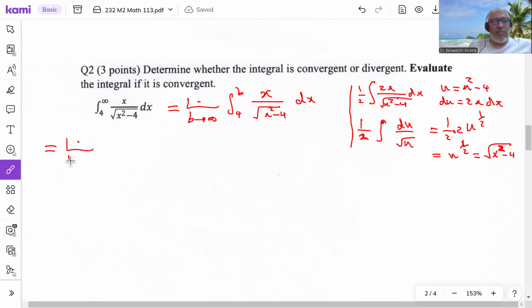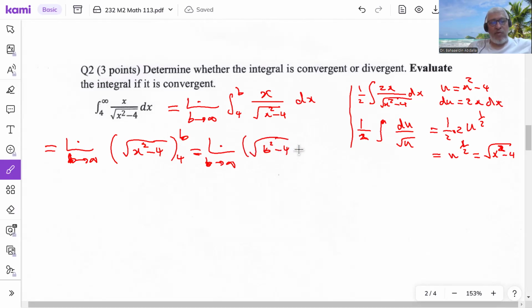So I have limit b goes to infinity, and the integral of this is square root of x squared minus 4 from 4 to b. And this would be the limit when b goes to infinity of, if I replace x by b, I'll have square root of b squared minus 4, and then minus replacing x by 4, 16 minus 4 is 12.